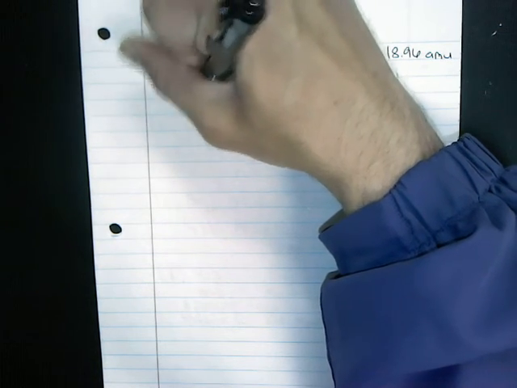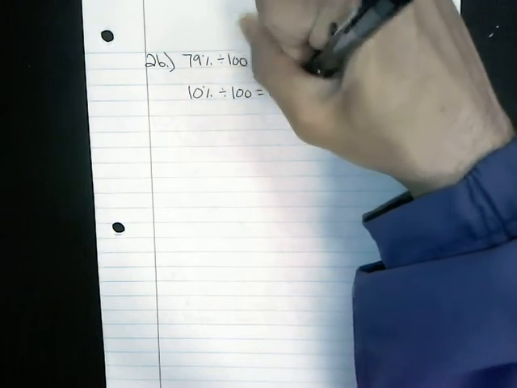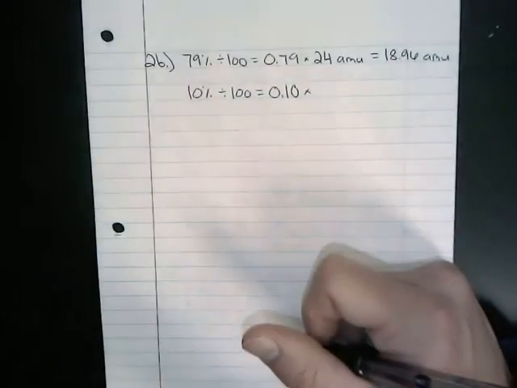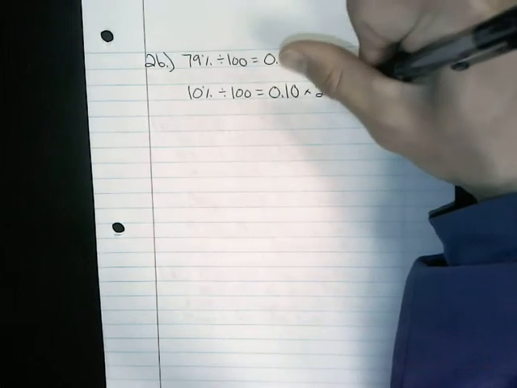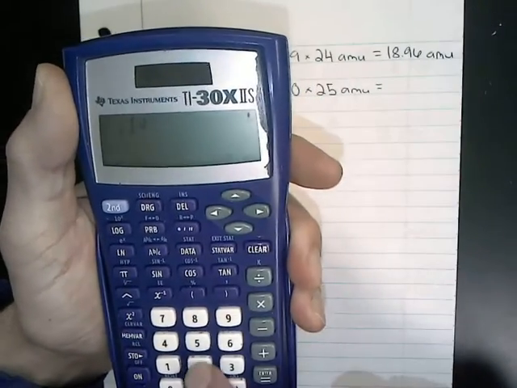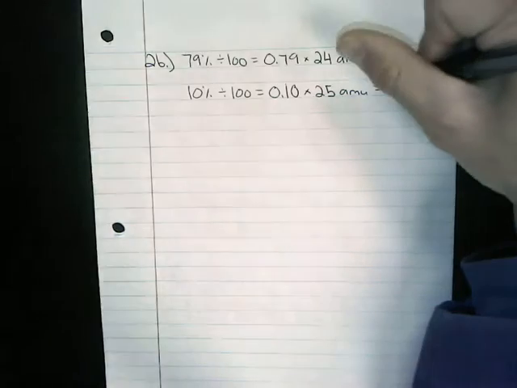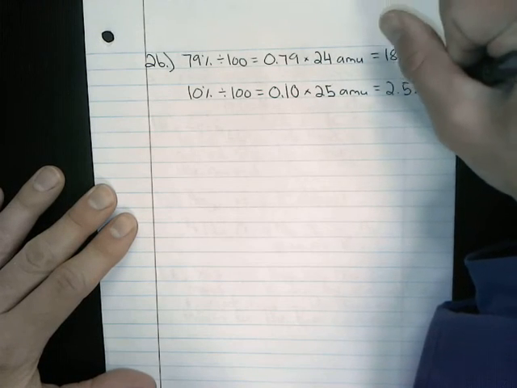Now, for the next percent abundance, we shift over to that next bar on the graph, and we see here that there is 10% abundance. The percent doesn't really help us, and that gives us 0.1, and that mass right there is 25 AMU. So again, I turn to my calculator here. I put 0.1 times 25, and we end up with 2.5 AMU.